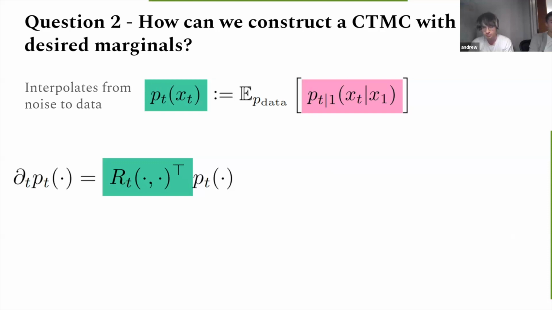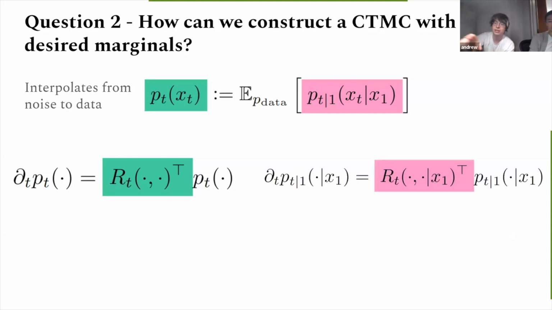The insight is that this green rate matrix is hard to get directly, but we can get it by going through this intermediate rate matrix in pink. This intermediate rate matrix is conditioned on x1, and it satisfies the Kolmogorov equation for the x1 conditioned marginal distributions. We can see later that this is a much easier rate matrix to find.